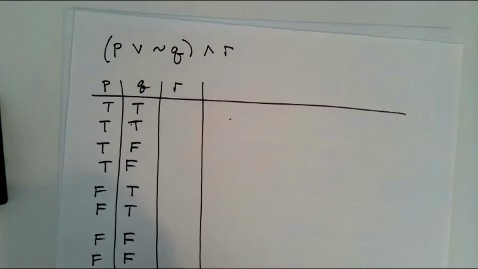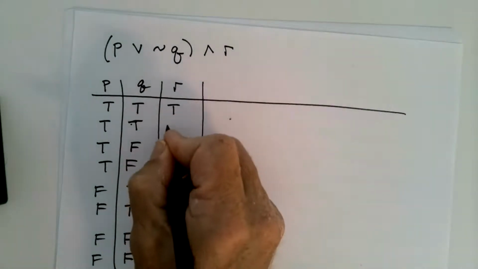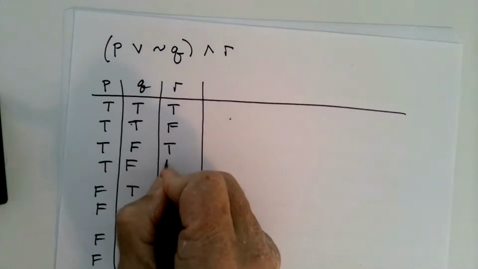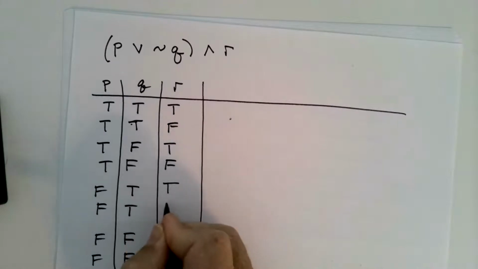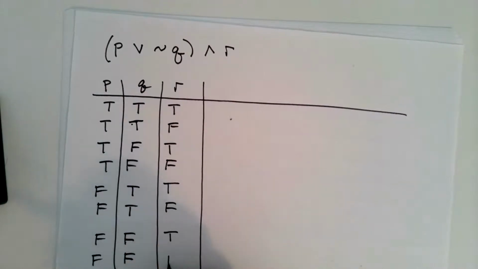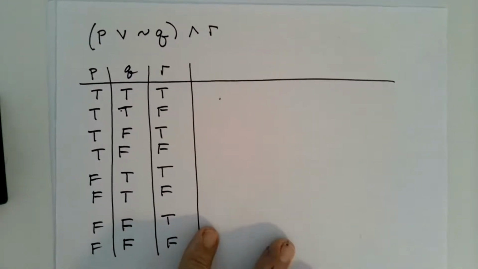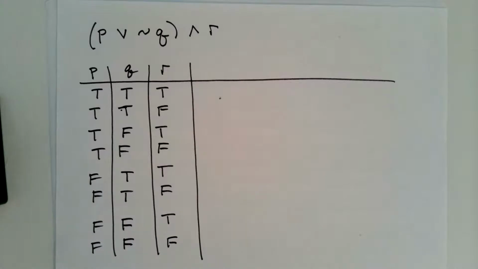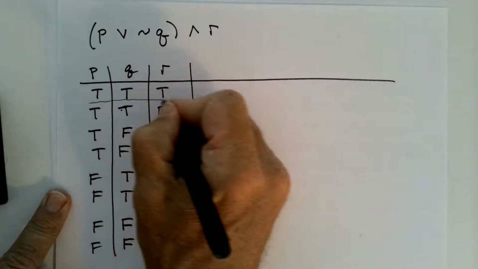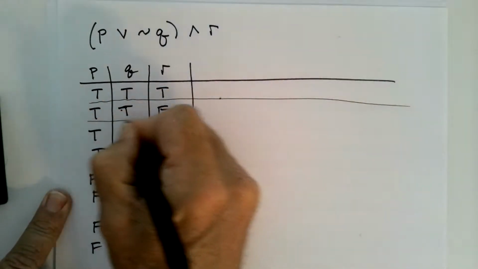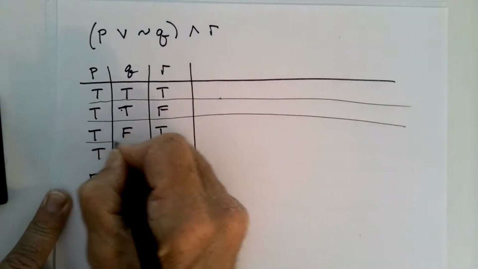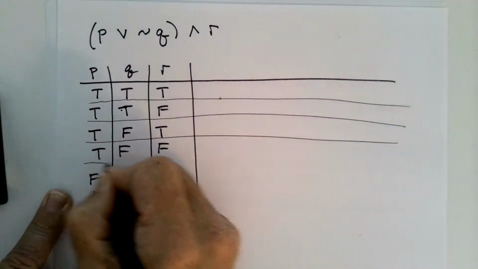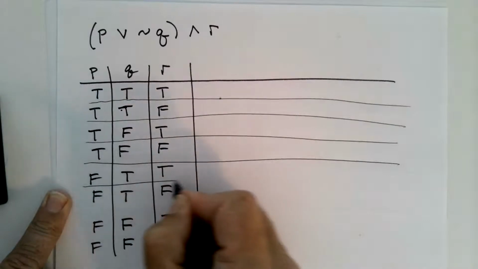And then the third column alternates TF, TF, TF, TF. So we've successfully come up with the first three columns of our truth table. And I do think it is easier to see this if we draw in the horizontal line. So doing this on graph paper might make it a little easier.